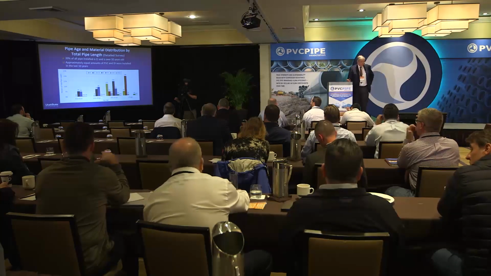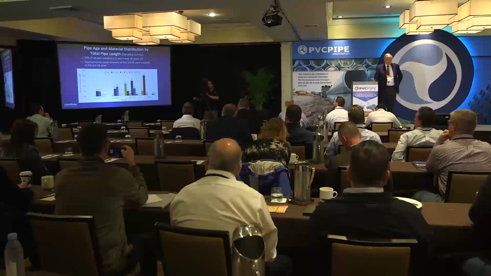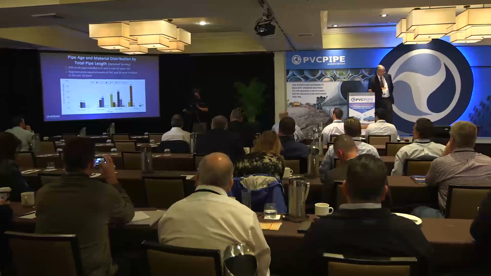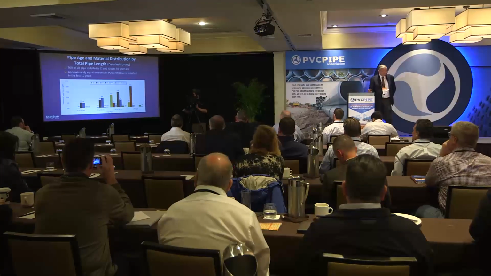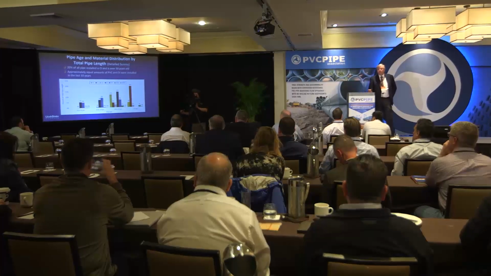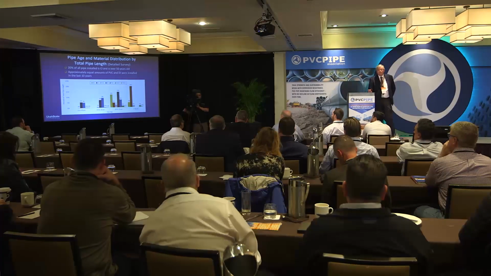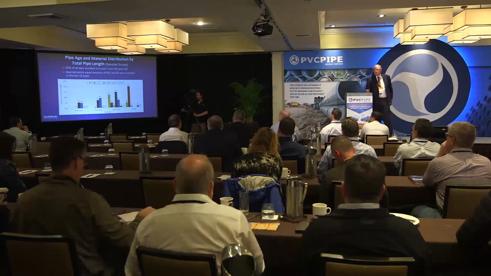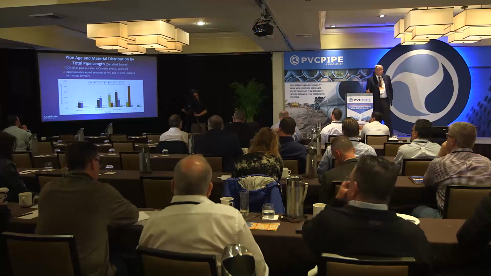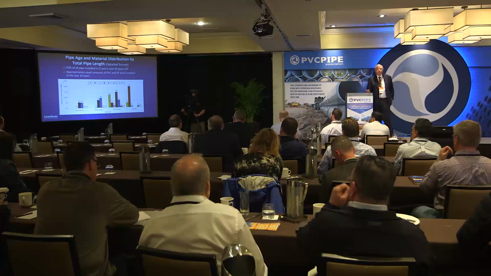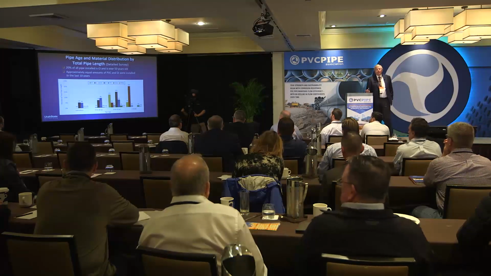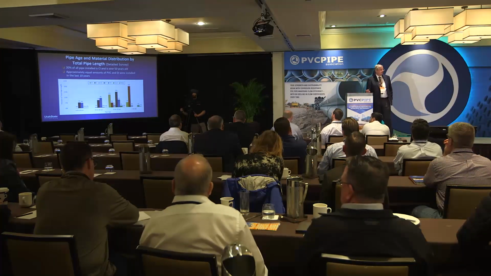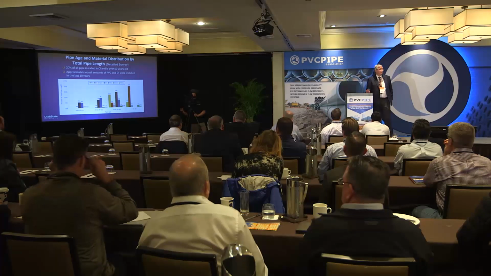And then on the other end, the 0 to 10 years, we've got 2 bars out there, each at about 5% for ductile iron and PVC. So roughly 10% of the pipe that's out there is one of those 2 that's been installed in the last 10 years. Now that might make you think, wow, 10% of our pipe is less than 10 years old.